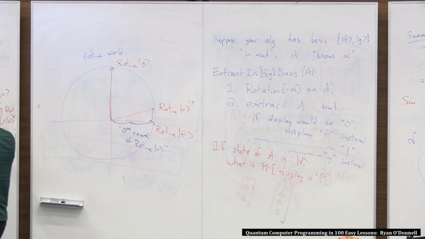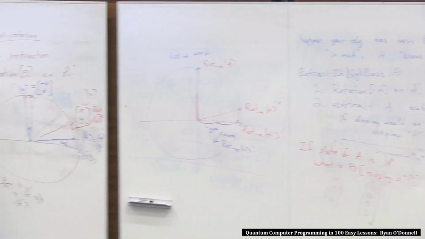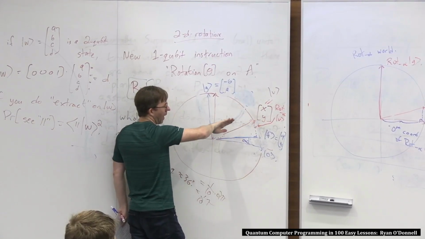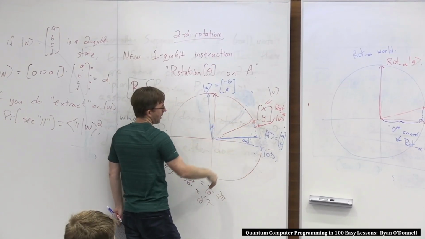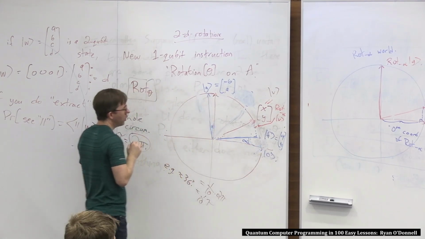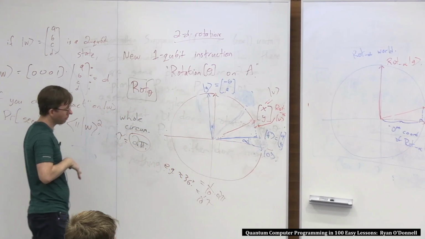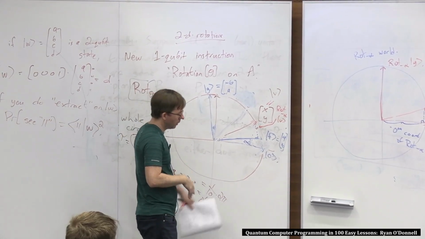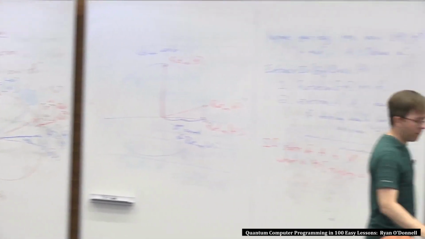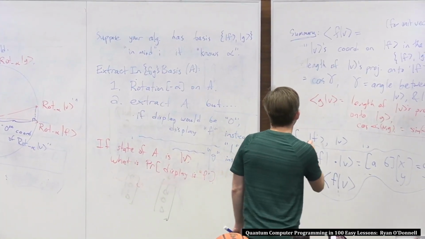Well, let's think about it. This is your qubit state, V, and then you rotate everything by negative alpha, so clockwise by 10 degrees. And then you measure, you extract in the usual basis with respect to 0 and 1. Well, we can just figure it out. It's up here on the board.